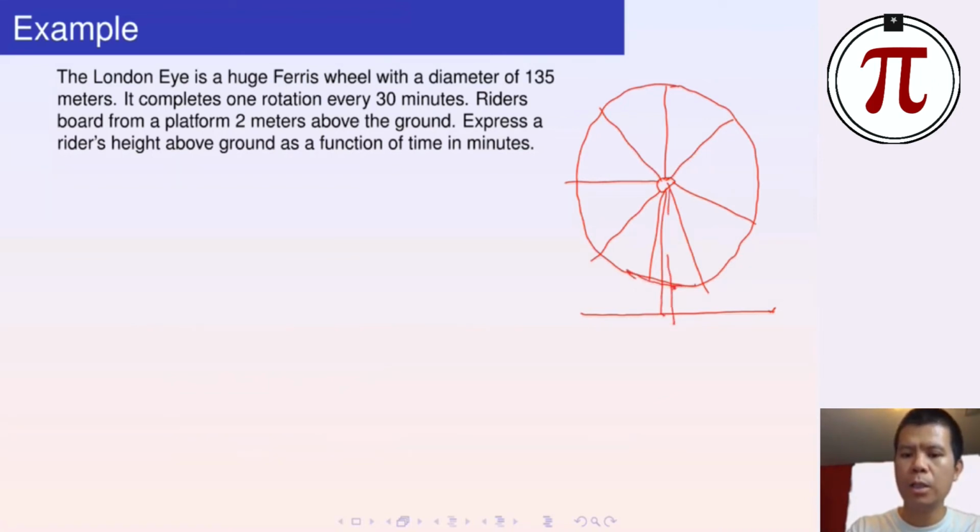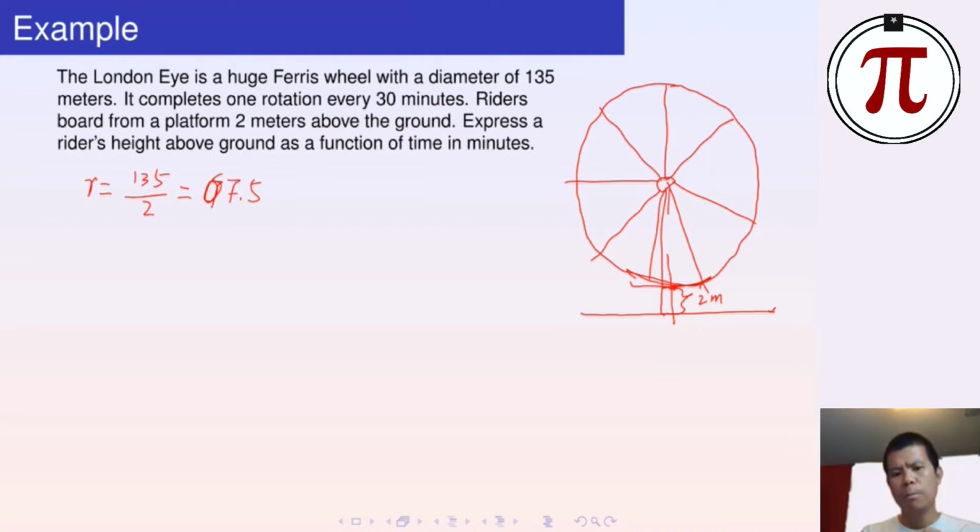Now we know the platform is 2 meters, so here is 2 meters. The diameter is 135. So what is the radius? That is 135 over 2, which is 67.5. So 67 and a half meters.